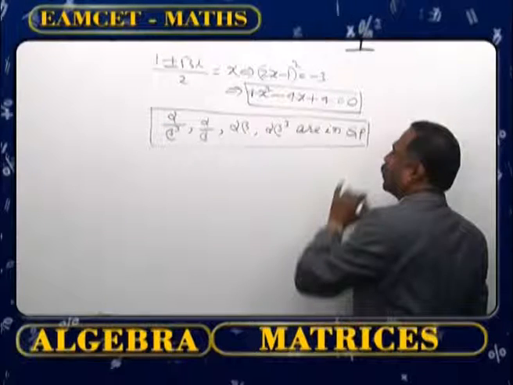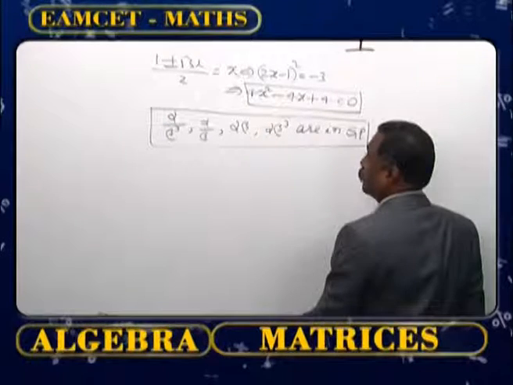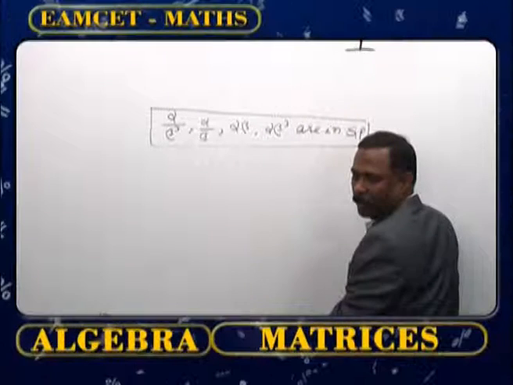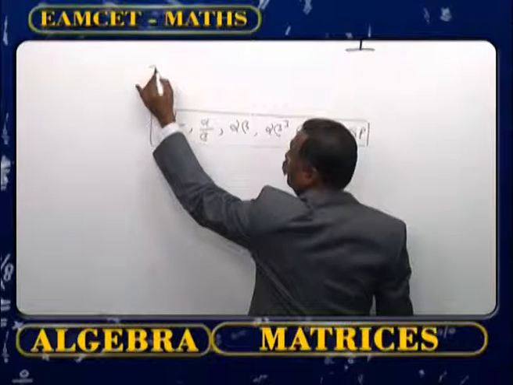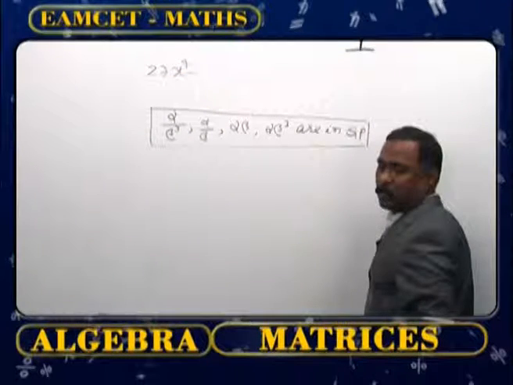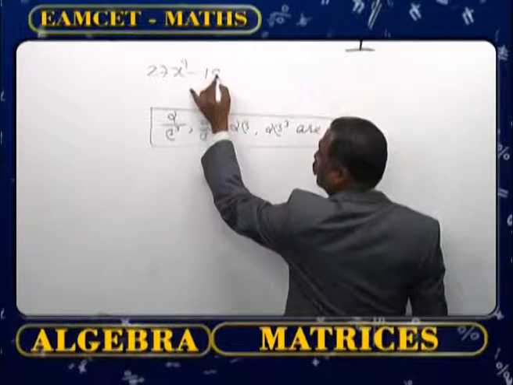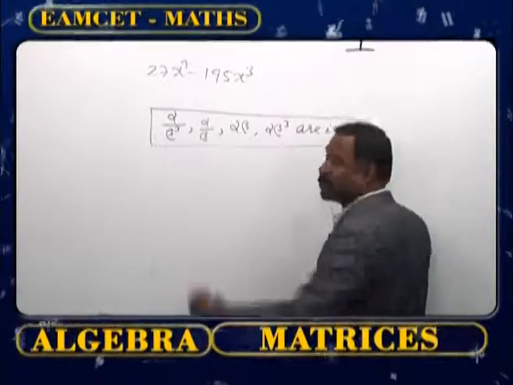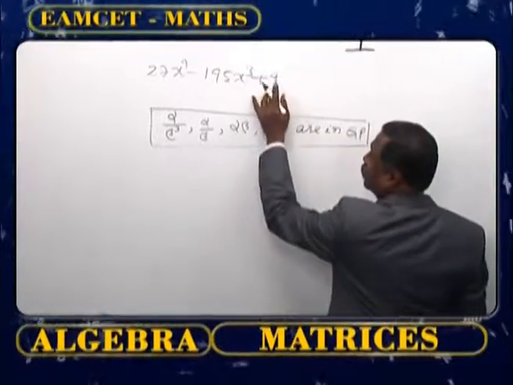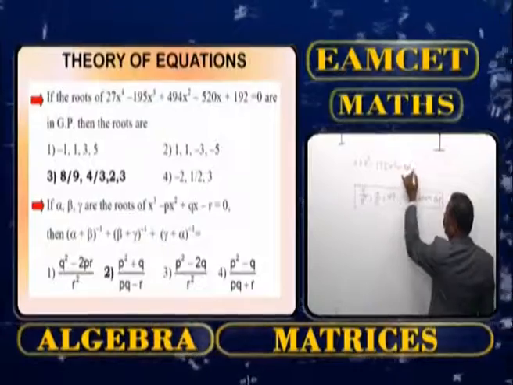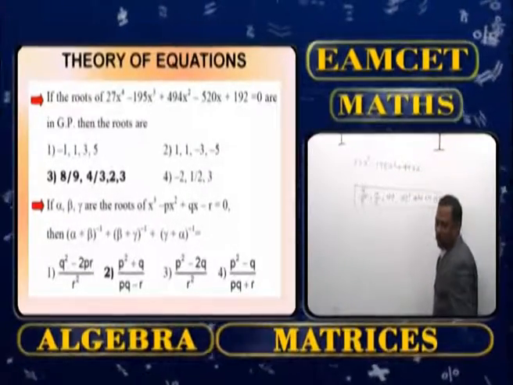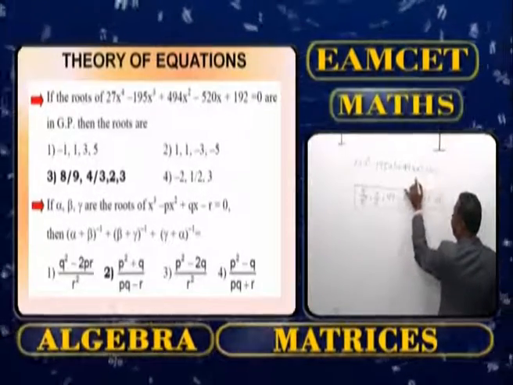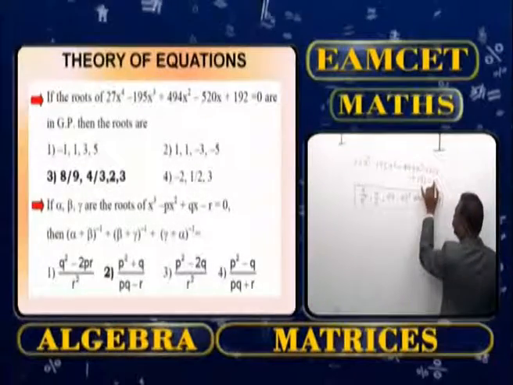In fact, what you have to understand there, in that one, the equation given, let me write the equation. It is 27x power 4 minus 195x cube plus 494x square minus 520x plus 192 equal to 0.